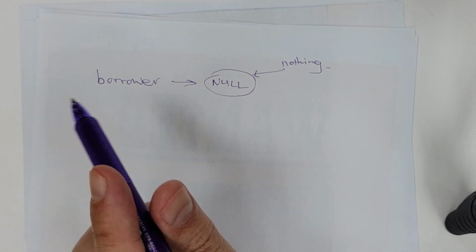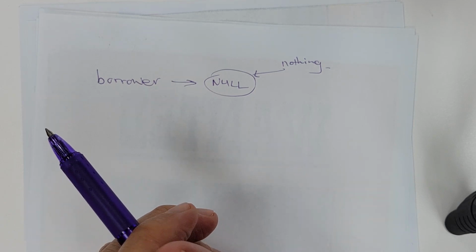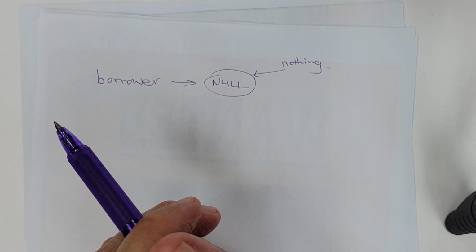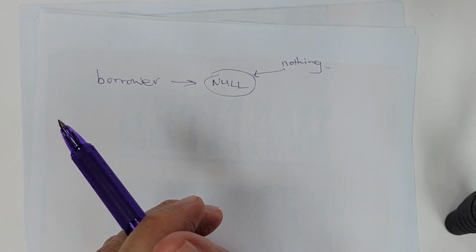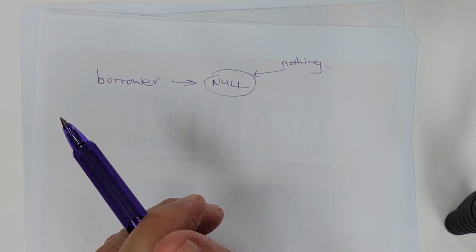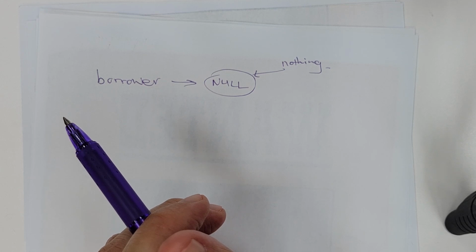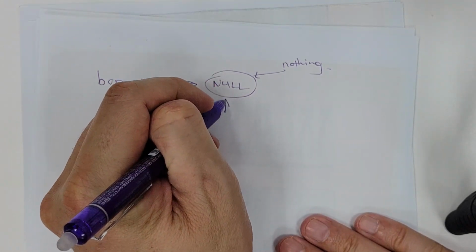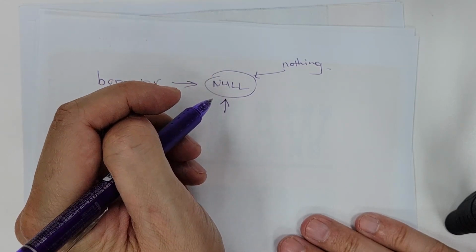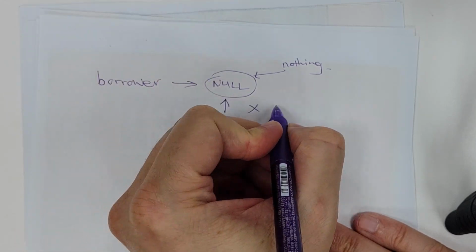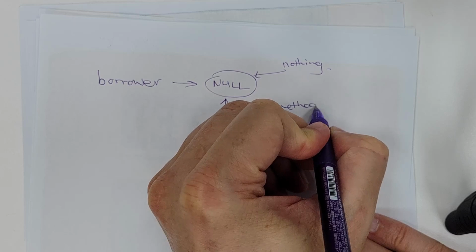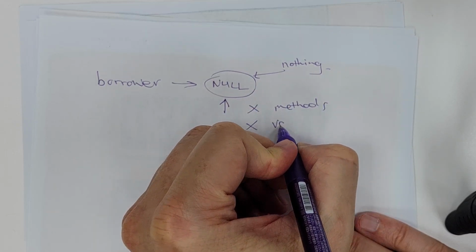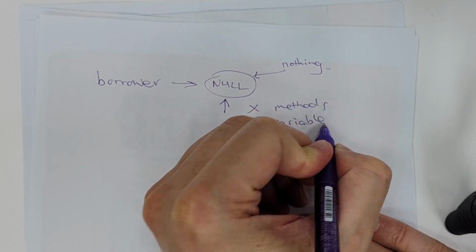This equals method is not useful for us right now because borrower maybe is nothing, right? So we can't run any method from borrower because we don't know if it's anything. It may be null. If it's null, it has no methods, no variables.